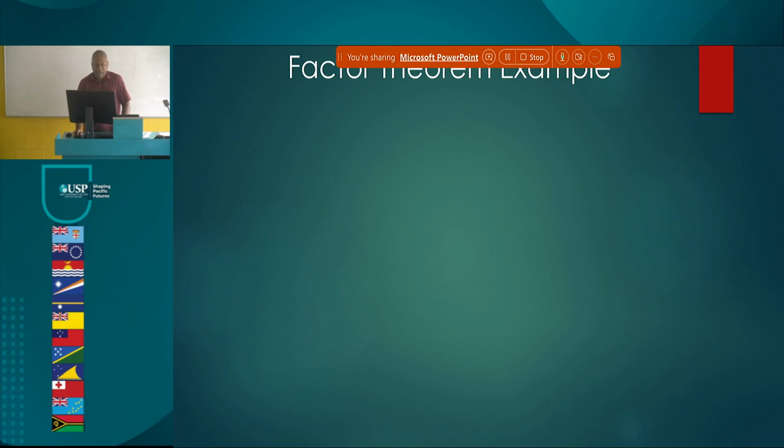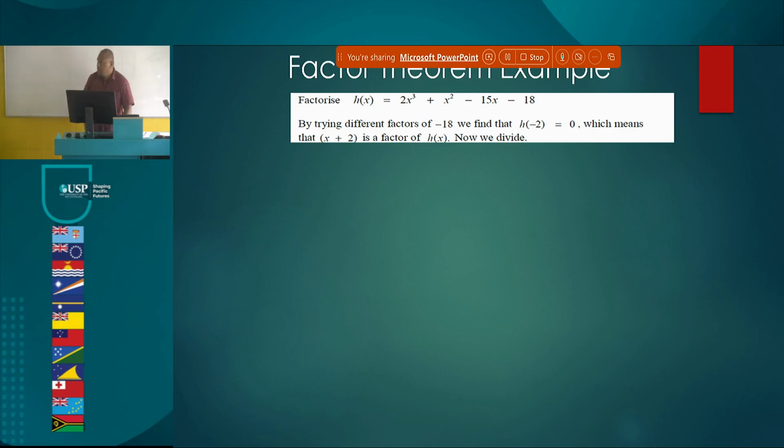Okay, some examples. This is extracted from your course book. We are asked to factorize 2x cubed plus x squared minus 15x minus 18.